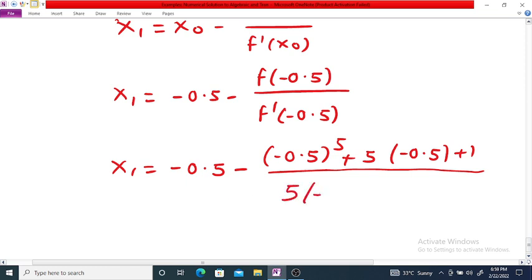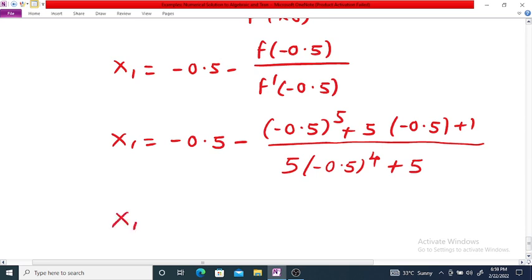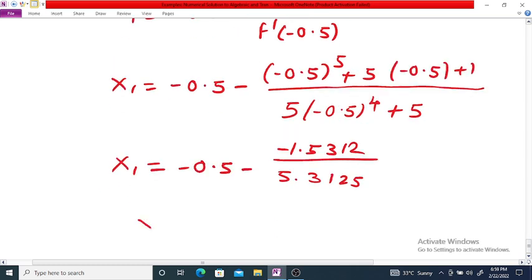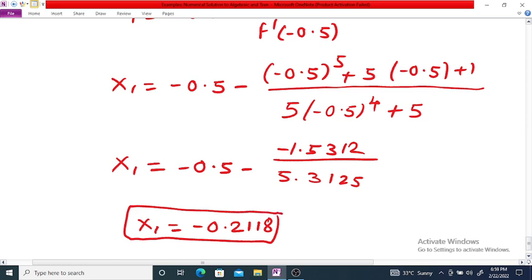So if you calculate this, x1 is equal to minus 0.5 minus 1.5312 divided by 5.3125. So x1 is equal to minus 0.2118. This is the value of x1 by using the first iteration.